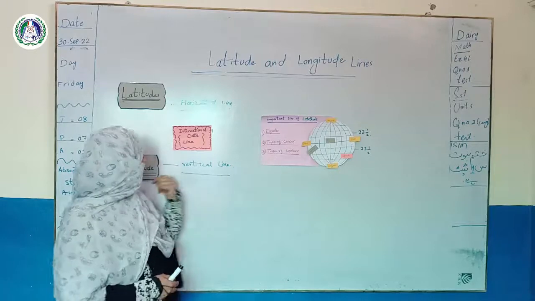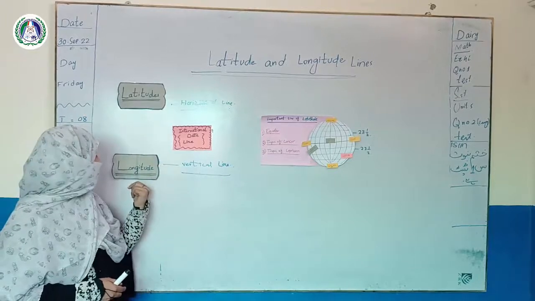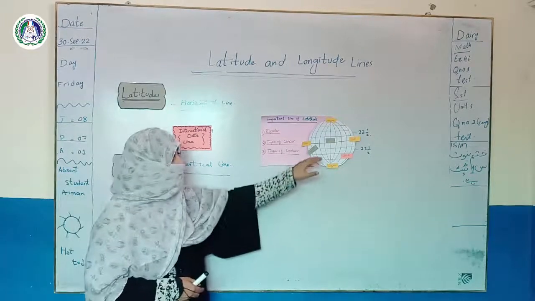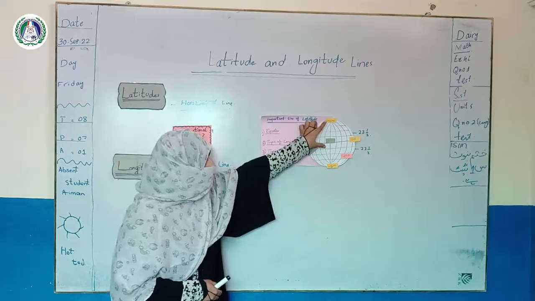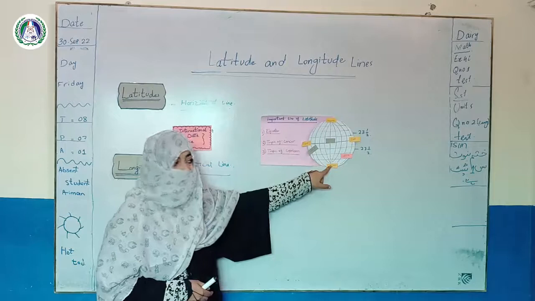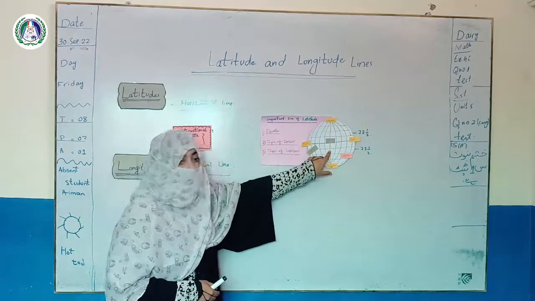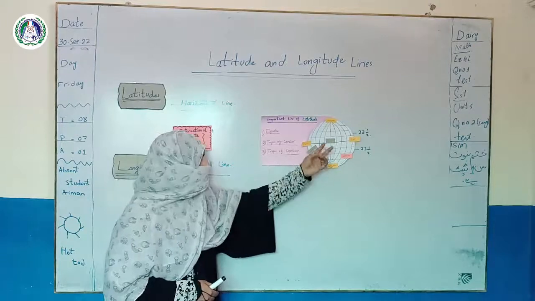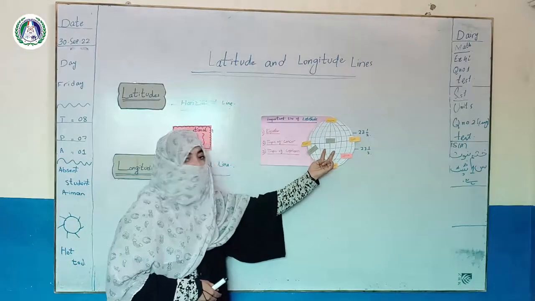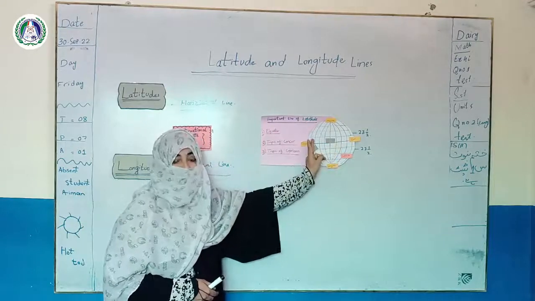Next we discuss longitude. What is a longitude? The lines which connect north to south are called longitude lines, and these lines are also imaginary lines. This line is called the prime meridian because it divides the Earth into two parts, an eastern one and a western one.